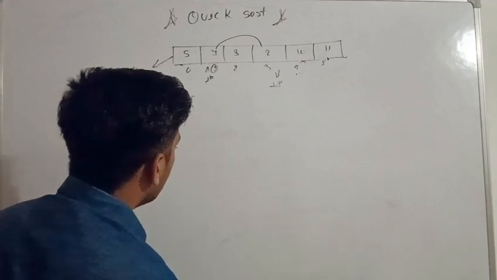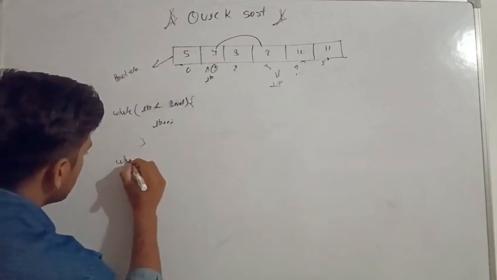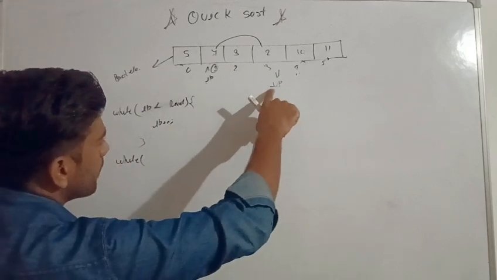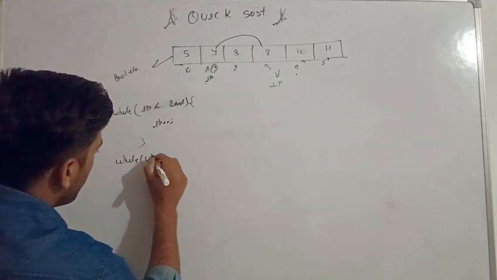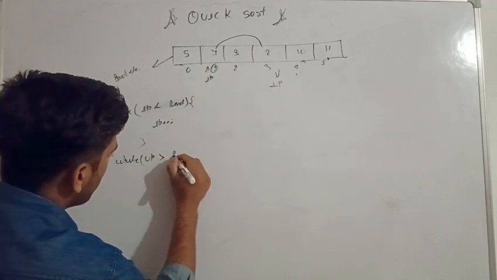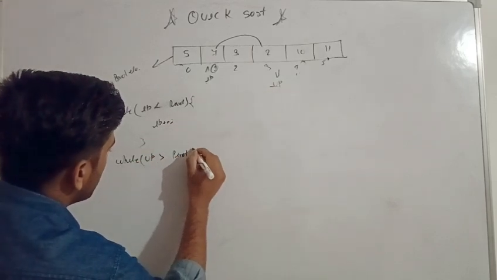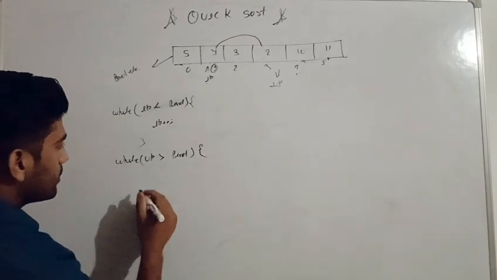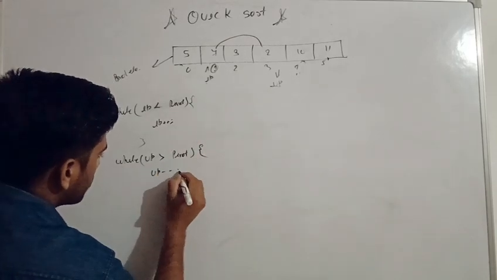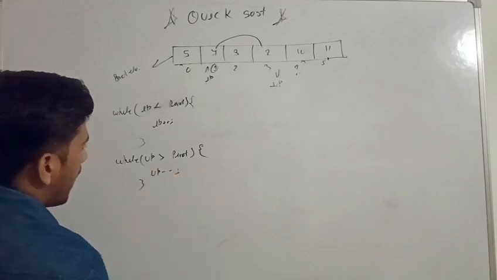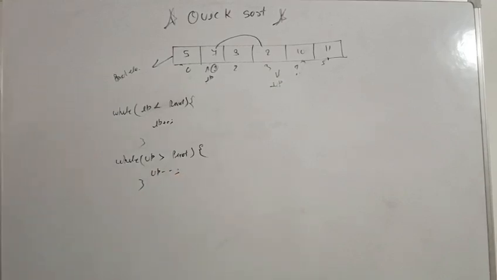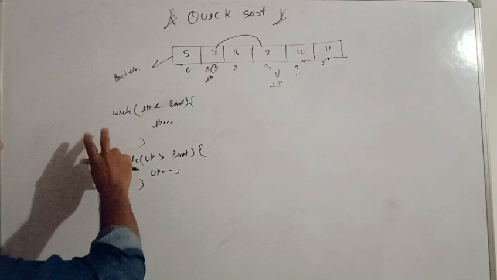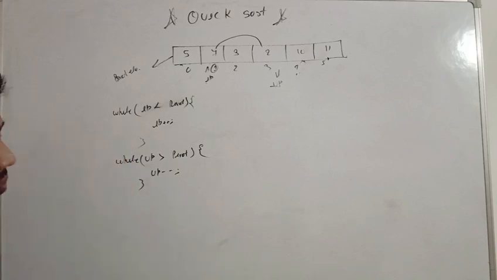Okay, now the second thing, while upper bound is greater than the pivot element, at that time upper bound should be decremented. Okay, and when should this process be stopped?